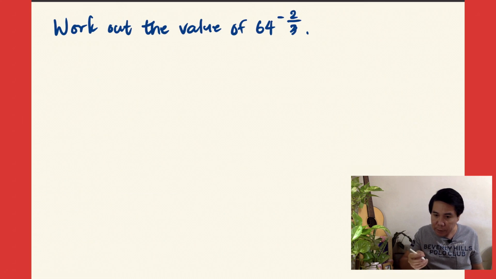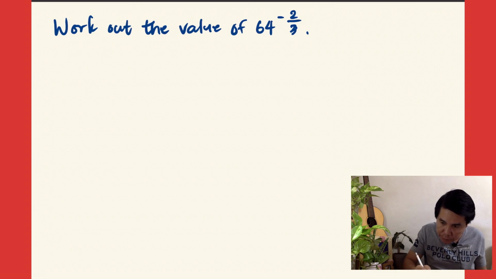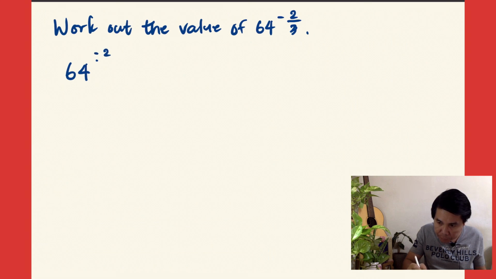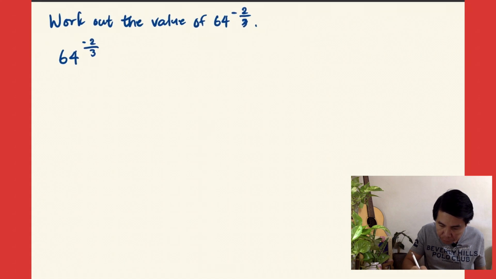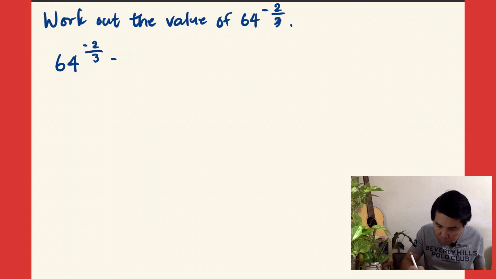So first, we have 64 raised to the power of negative 2/3 is equal to 1 over 64 raised to the power of 2/3.